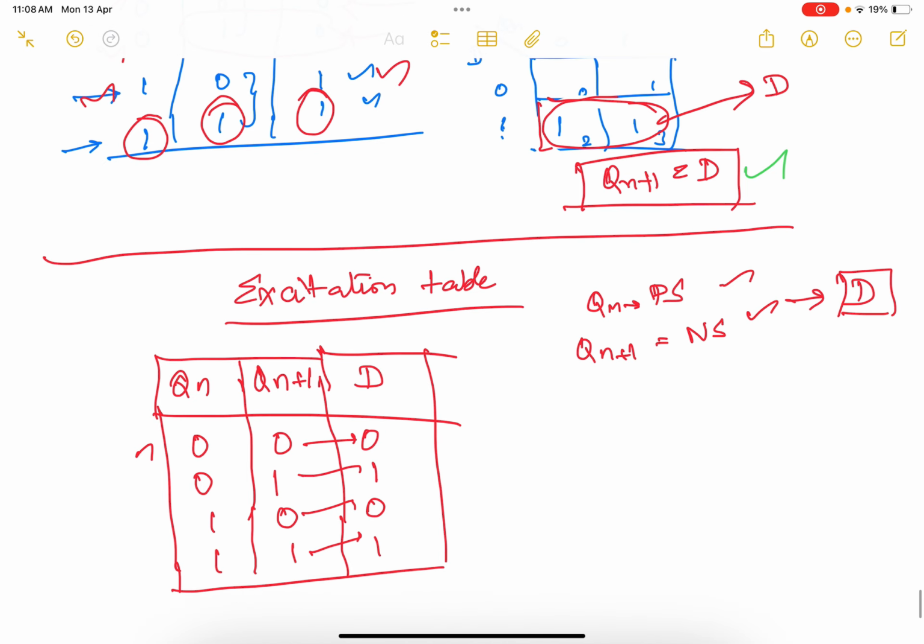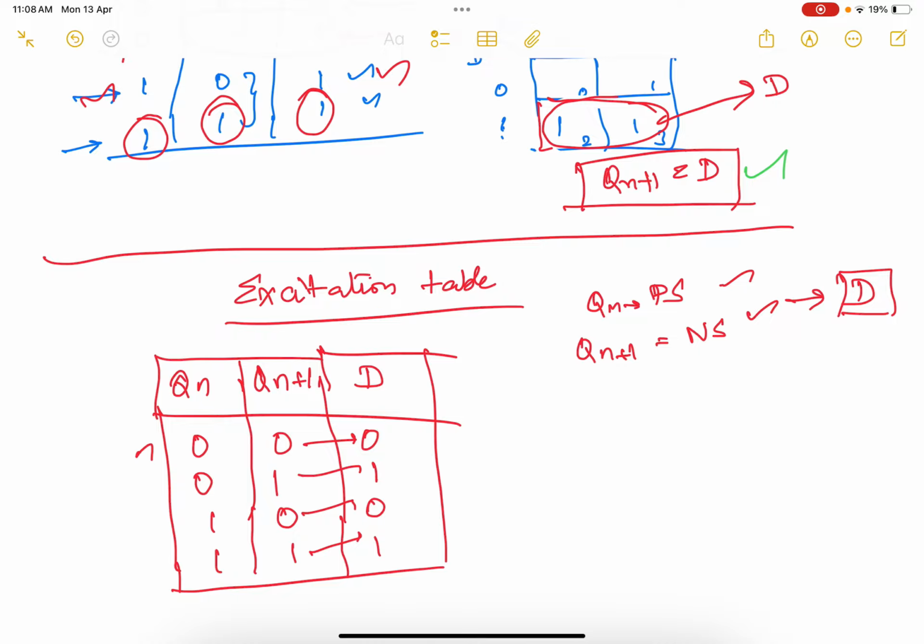So this is the simplest form of flip-flop, where I focus only on two states, either the present state or the next state. And we already told you why we are going for the excitation table. The excitation table is mainly used for conversion purposes.